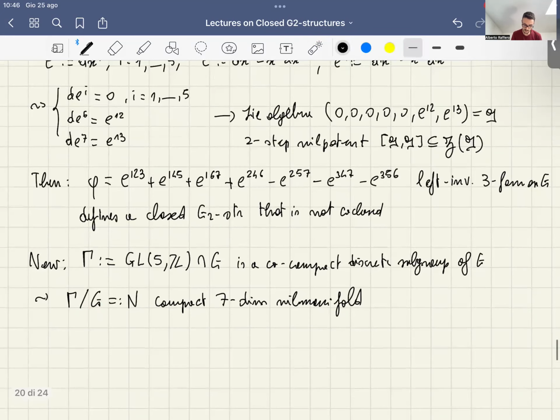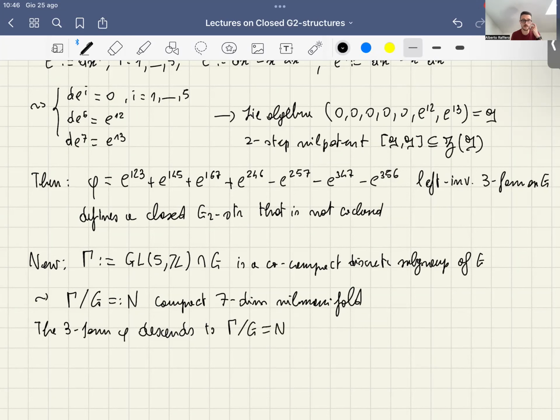And of course, since this 3-form here is left invariant with respect to the action of G, and we are considering the left action of this co-compact discrete subgroup, we have that the 3-form phi, which is left invariant, descends to the quotient.